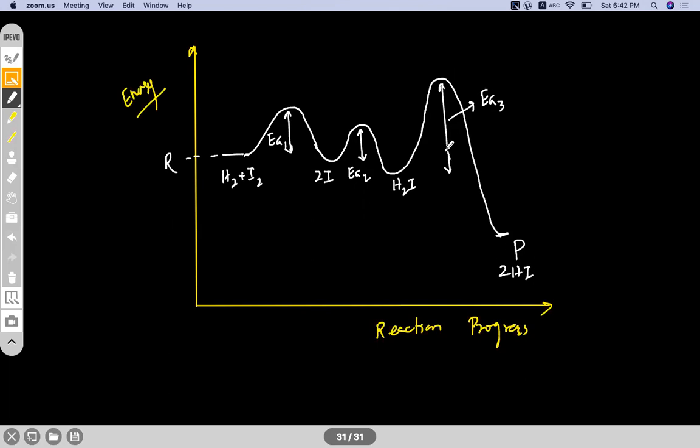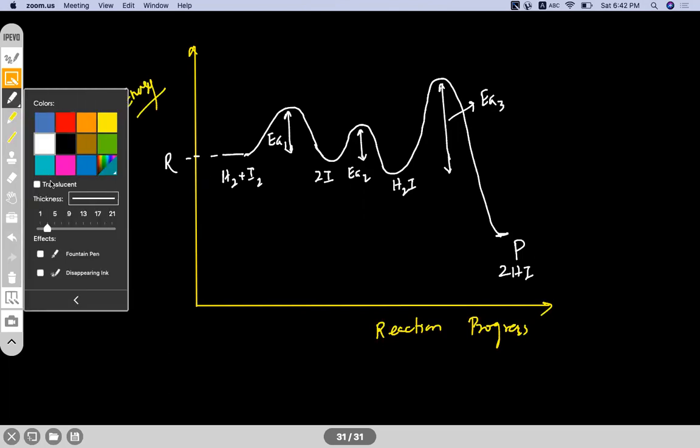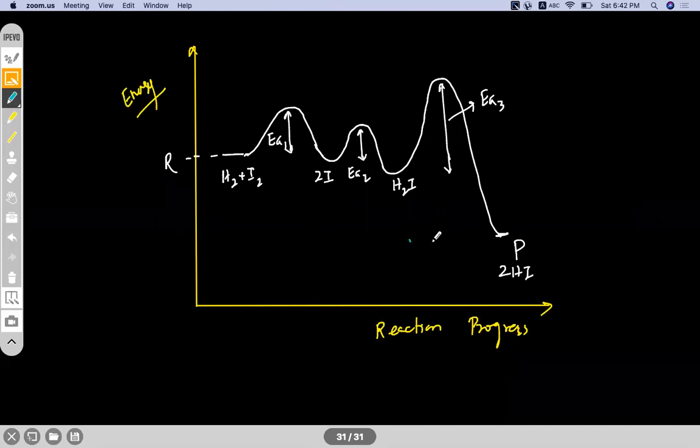The third step has the maximum activation energy, so this is the slowest step. Depending upon activation energy, this is the nature of the graph for H2 plus I2 giving 2HI. They will give you a graph like this and can ask you questions based on the 3-4 pieces of information I have given: endothermic, exothermic, slowest step, fastest step, number of intermediates, number of peaks, and number of steps.